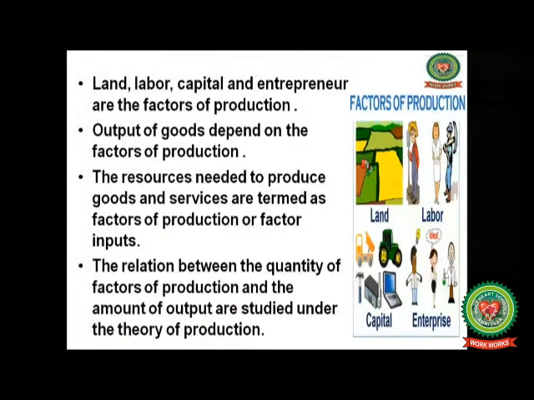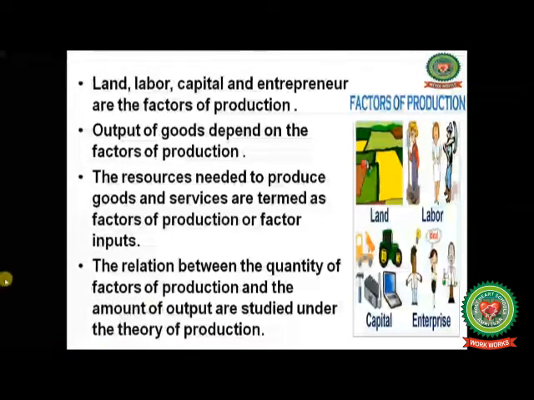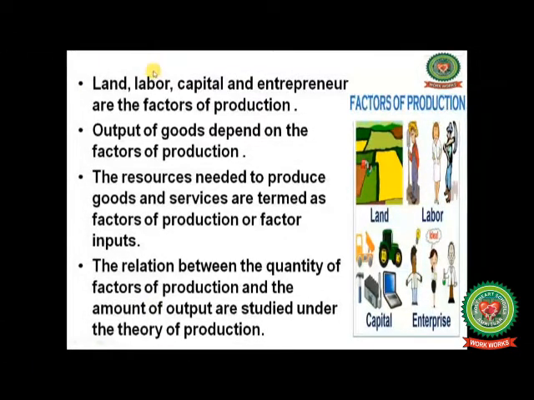Next, there are different factors of production like land, labor, capital and entrepreneur. All these factor inputs or factors of production are helpful in the production process, and the output of goods depends on the factors of production.